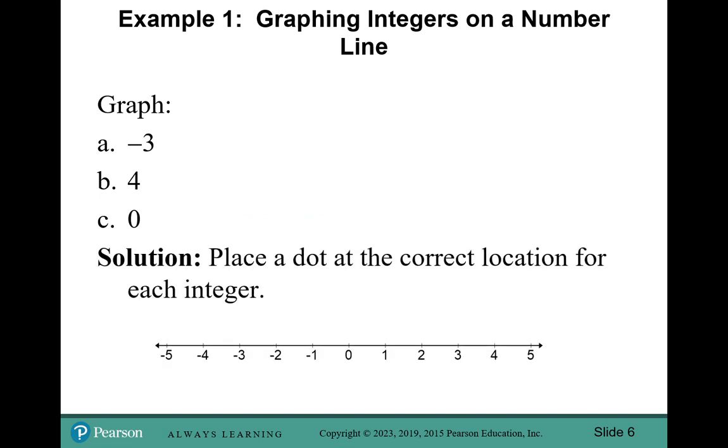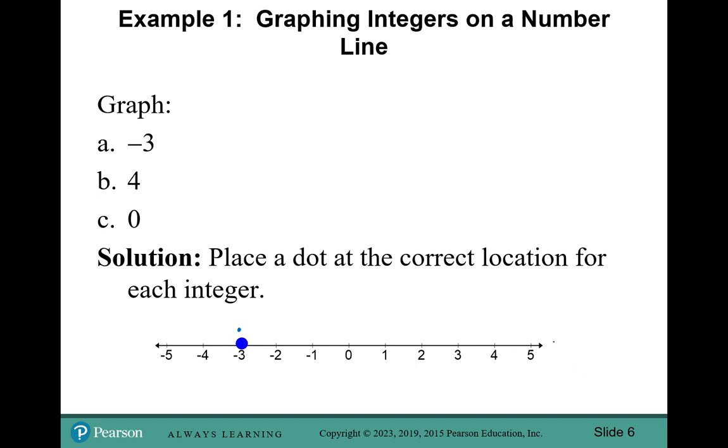We want to graph A, B, and C. Here, A is -3. So we come over to our number line, find -3, and place a dot on top of -3. You can see they do that directly on the line, which is fine as well. We can also come over to 4.